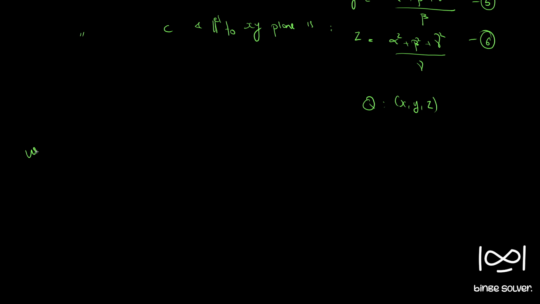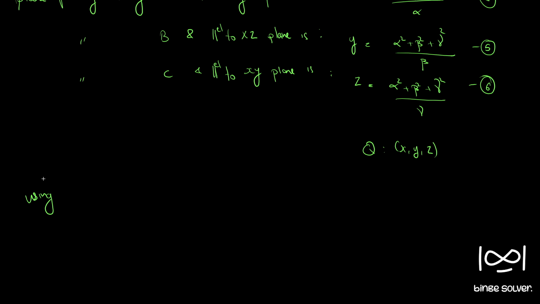So using 4, 5, 6, we have 1 by x square plus 1 by y square plus 1 by z square.